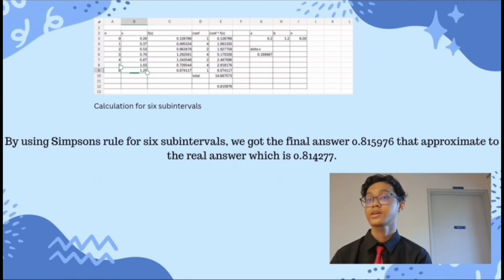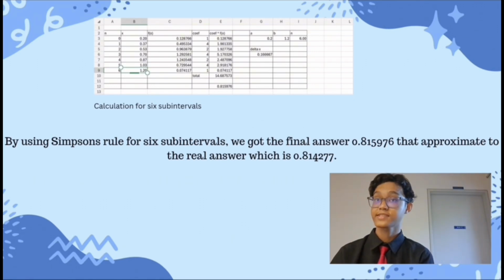For the final calculation, I use the formula delta x times the total sum of coefficient times f(x), and got the final answer 0.815976.